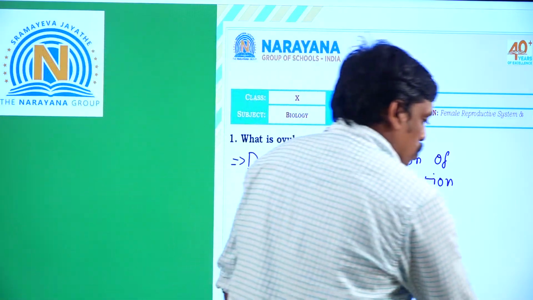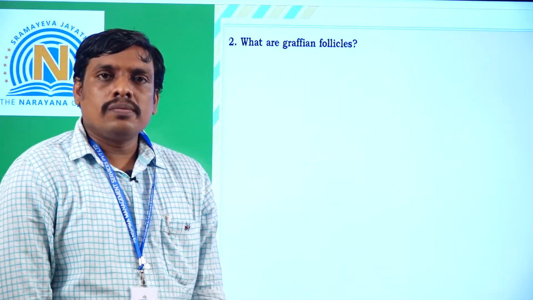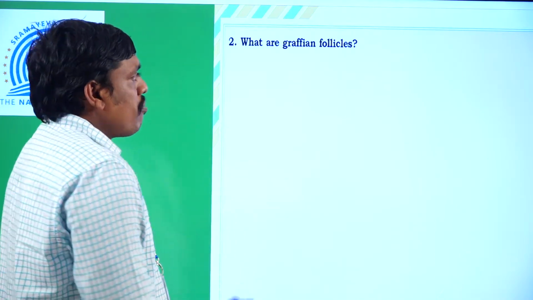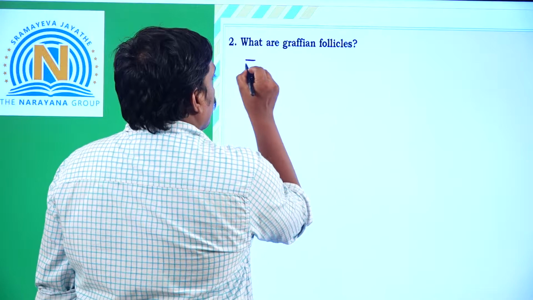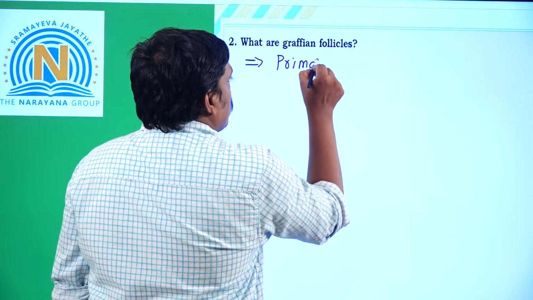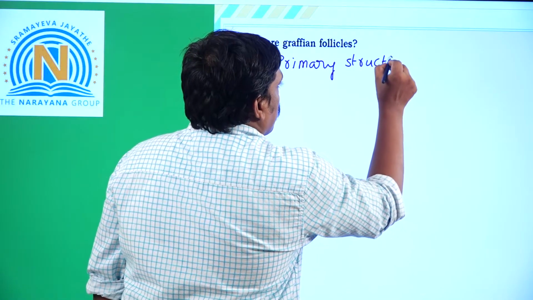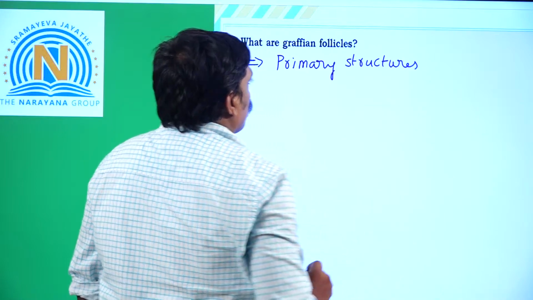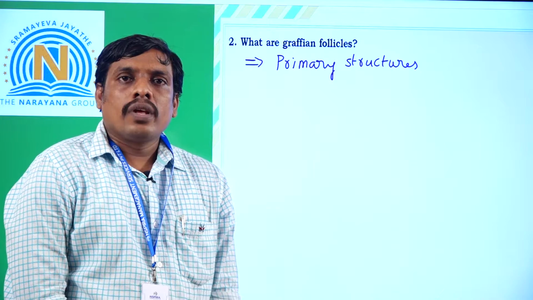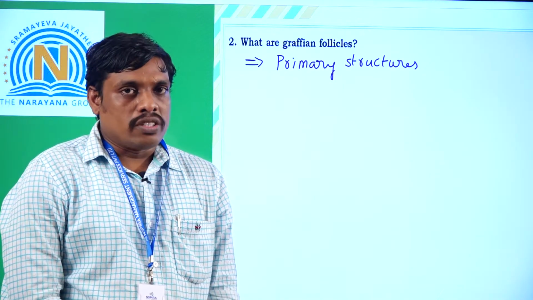Going for the next question. What are graafian follicles? How can you define graafian follicles? Graafian follicles are primary structures. These graafian follicles contain primitive ova, and we can see them even from teenage or childhood.